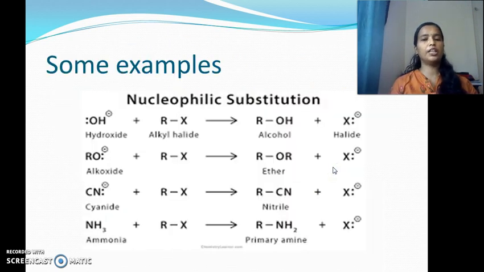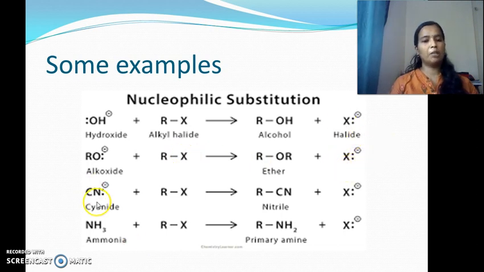Now we'll see various examples of nucleophilic substitution reaction. Already we saw OH minus, OR minus, CN minus and NH3 as various nucleophiles. When they react with alkyl halide RX, the halogen atom departs and the OH group gets attached to that position. If it is alkoxide ion, when it reacts with alkyl halide, the OR group gets attached to the alkyl group in place of the halogen atom, and the halogen departs as halide ion.